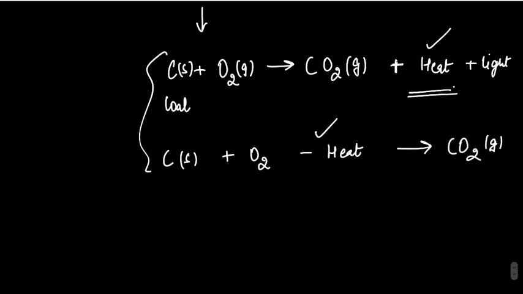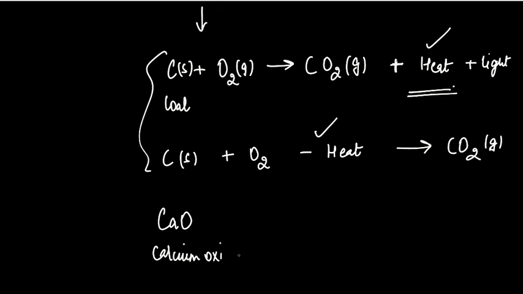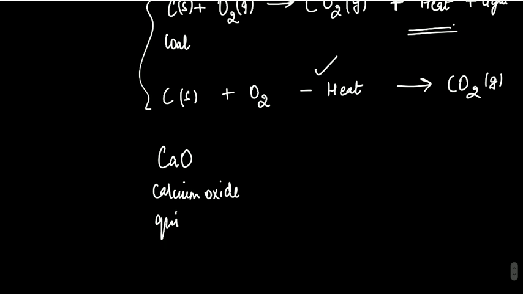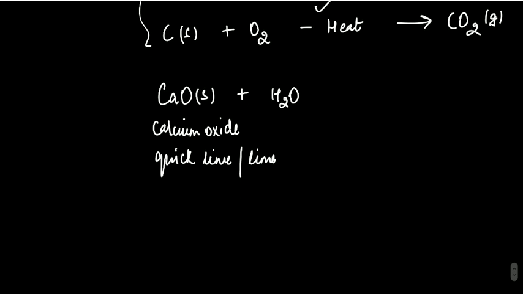Another example we can take for exothermic reaction, calcium oxide. CaO is the formula, and commonly we even call it quicklime, or simply lime. So when we add it in water, this is in the solid form. So when we add it in the water at room temperature, usually we do this process in a china dish. So once they chemically react at room temperature, they will form calcium hydroxide, which is slaked lime.